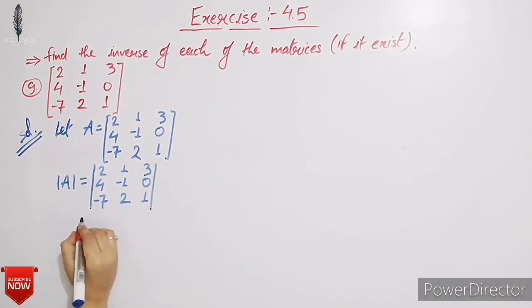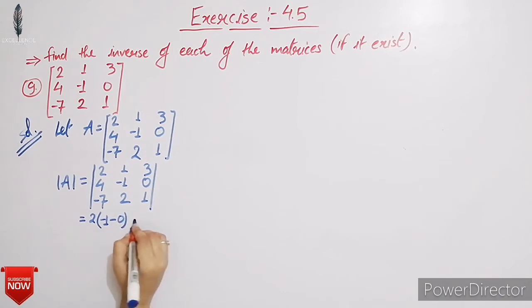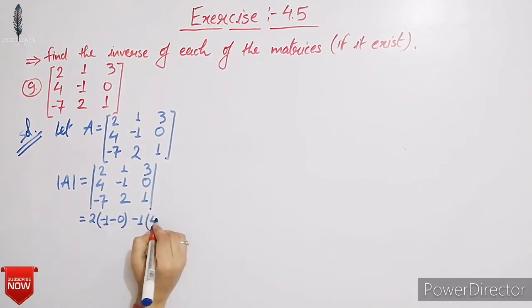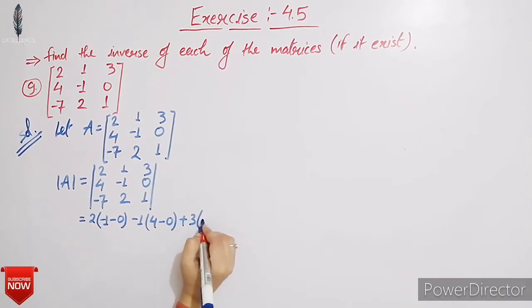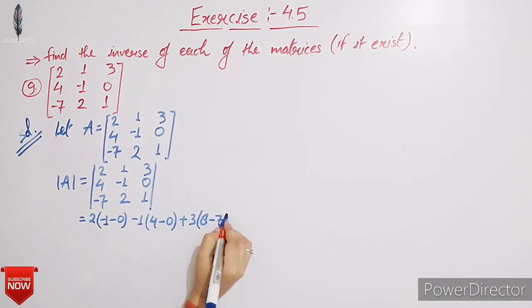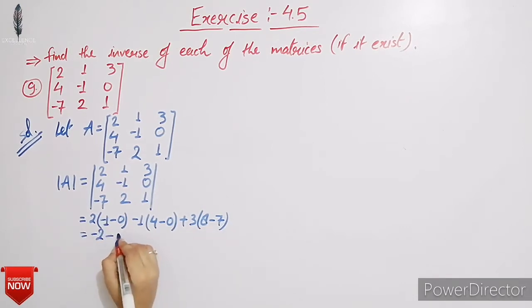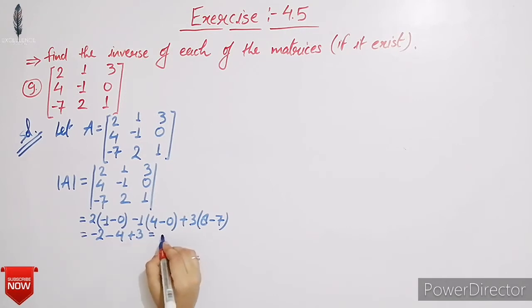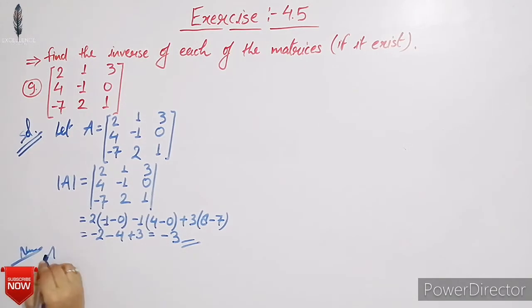So here expanding along row 1, we have 2 into (−1 − 0) − 1 into (4 − 0) plus 3 into (8 − 7), that is equal to −2 − 4 + 3, which is −3, the value of its determinant. It is not equal to 0, so its inverse exists.